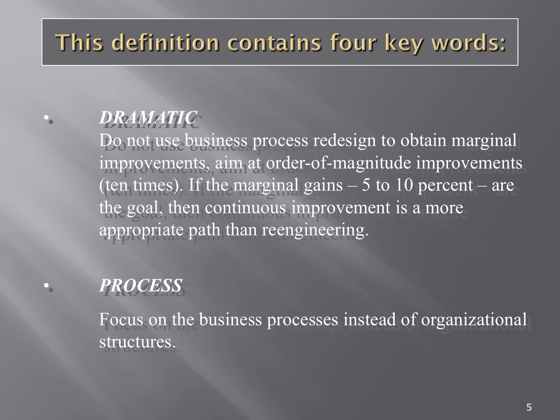So that's about what is business process re-engineering. You have to remember we have 4 keywords for business process re-engineering, which are fundamental, radical, dramatic, and process, so that you know how to define business process re-engineering.